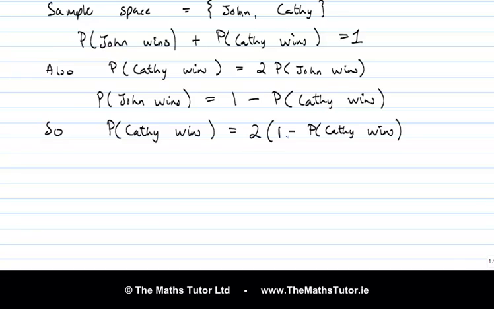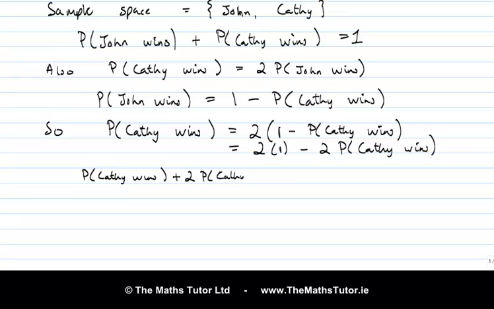First, let's multiply in the 2 on the right-hand side. So we get 2 times 1 minus 2 times the probability that Kathy wins. Now let's bring this term to the left-hand side. What we're left with on the right is 2 times 1, which is 2.